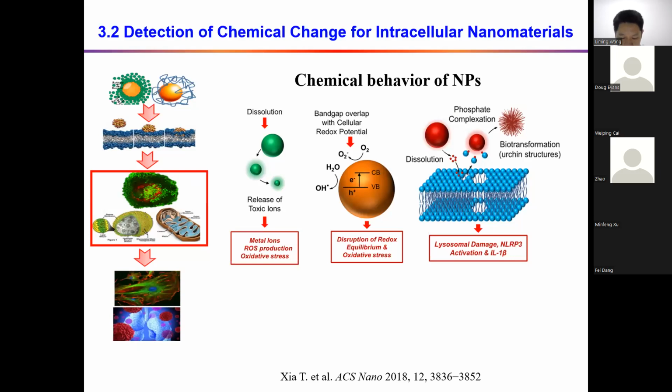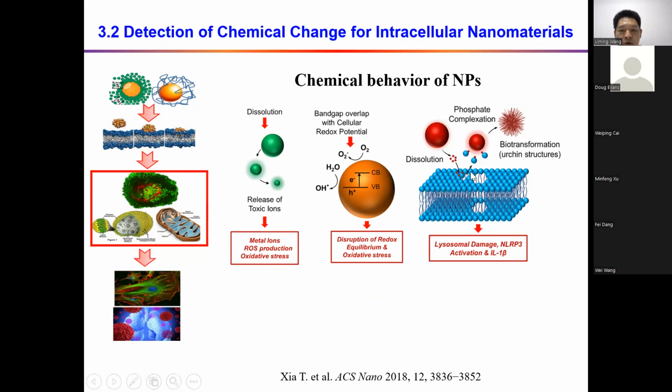Moreover, we also use high resolution imaging to detect what happened inside the cells. In other words, when nanoparticles go inside the cells, they change. There are several different chemical reactions. For example, some redox of the particles.